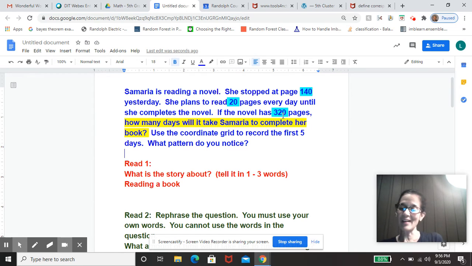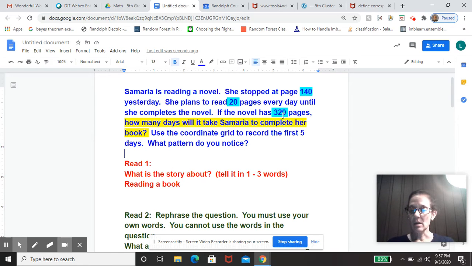They're kind of out of the way. So on the very next day, which would be like day 1 because she's already finished those, she's going to read 20. And then she's going to read 20 more and 20 more and 20 more. So these are going up and up and up and up until she gets to 320.